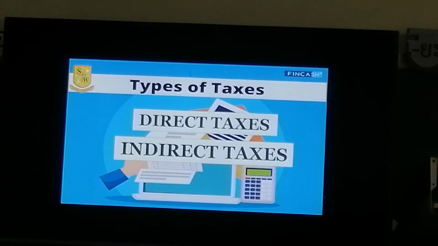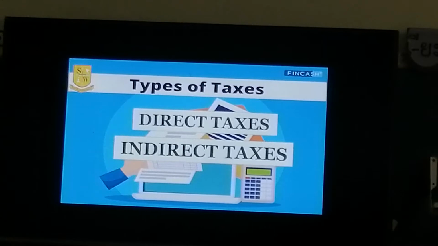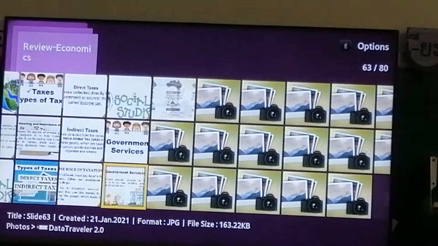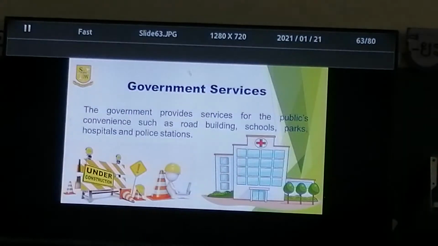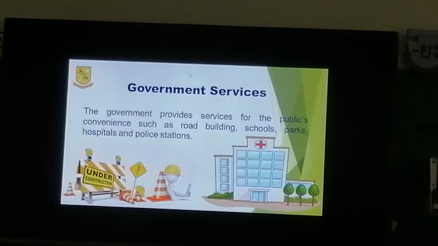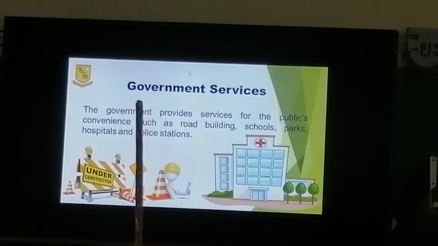Do you have a question? No? Okay, let's proceed to our next topic. Government services. You can see that at the bottom part of your book because it's the last part. All right, let's have government services. Everybody, let's read all together. Government services.